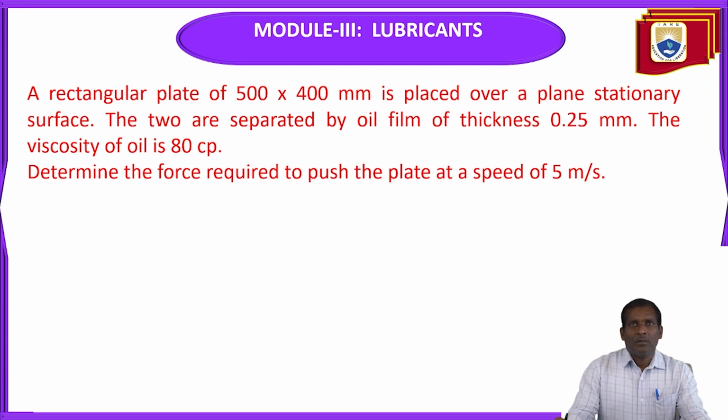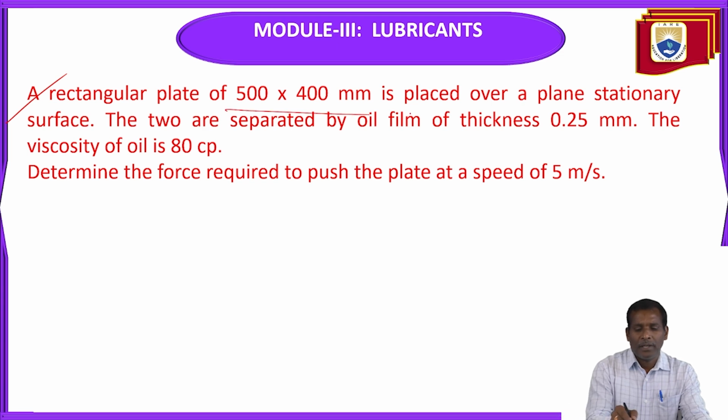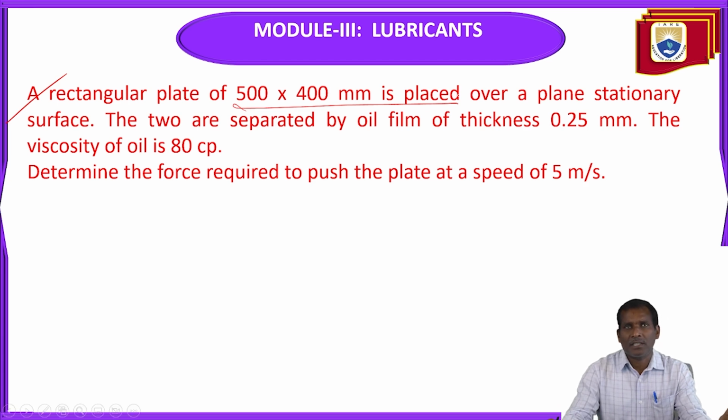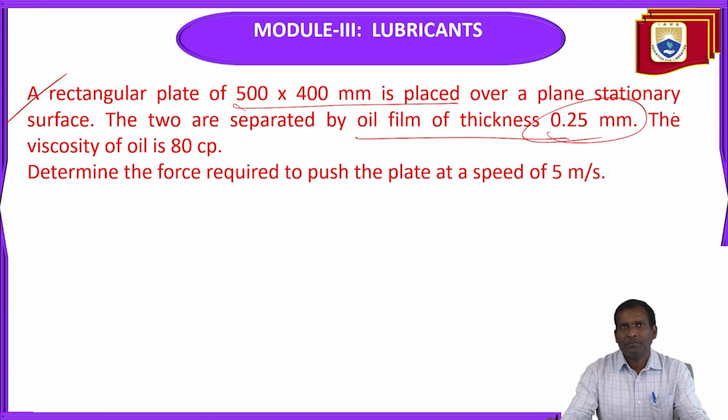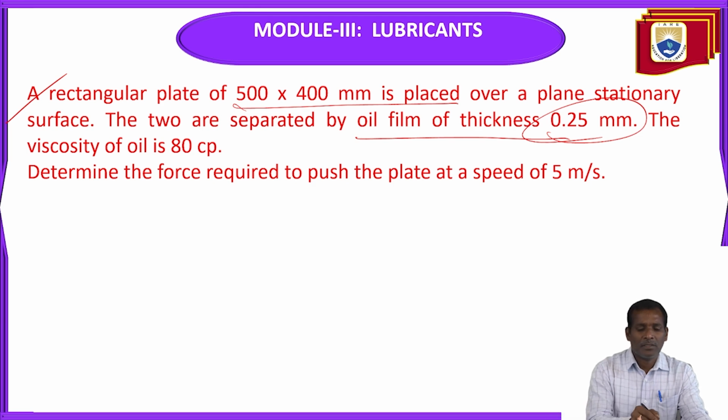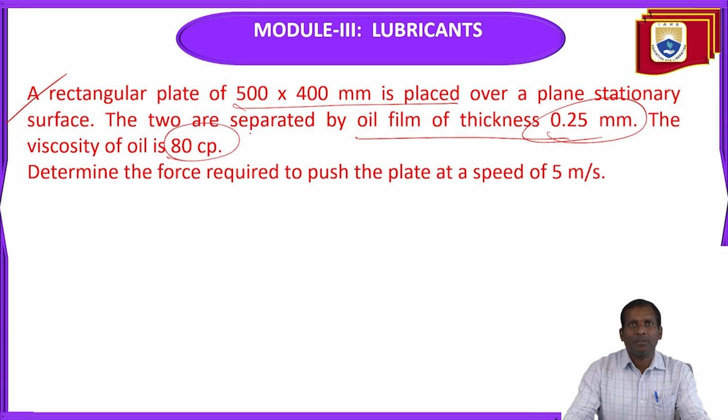A rectangular plate of 500 by 400 mm is placed over a plane stationary surface. The two are separated by an oil film of thickness 0.25 mm. The viscosity of oil is 80 centipoise.